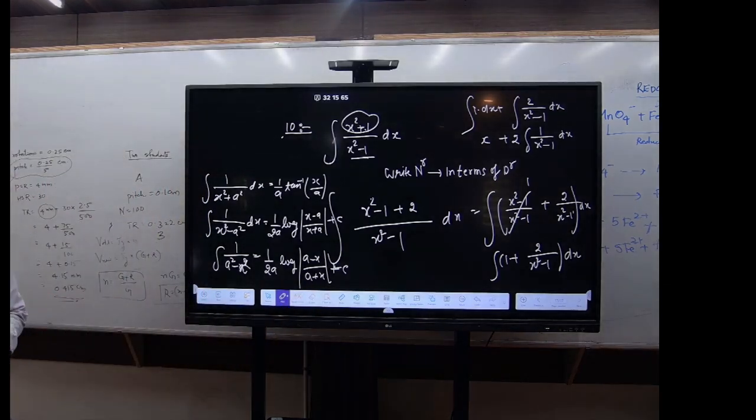See, I'll show you which formula to remember. Property number 1, and property number 2, you have to remember. And then property number 8, some special integrals.